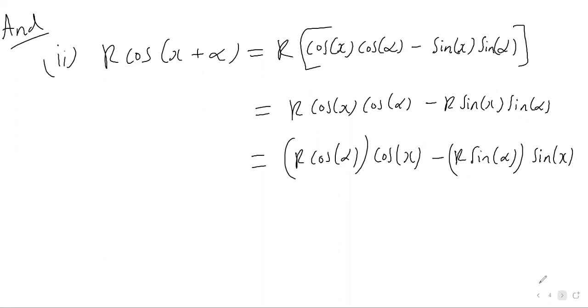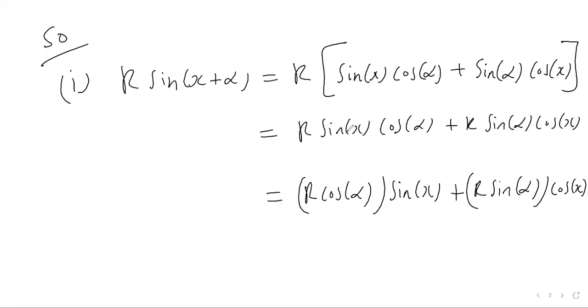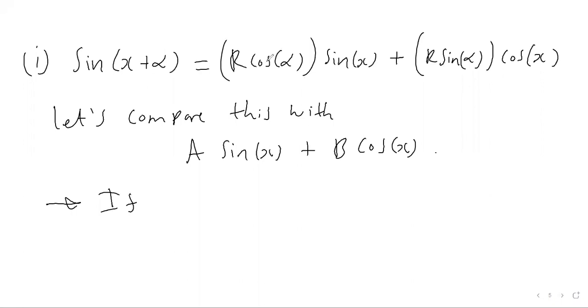So what can we say from here? If we go back to our first calculation here, we calculated this down there. So using the result that we got here, let's compare that with this a sine x plus b cos x.